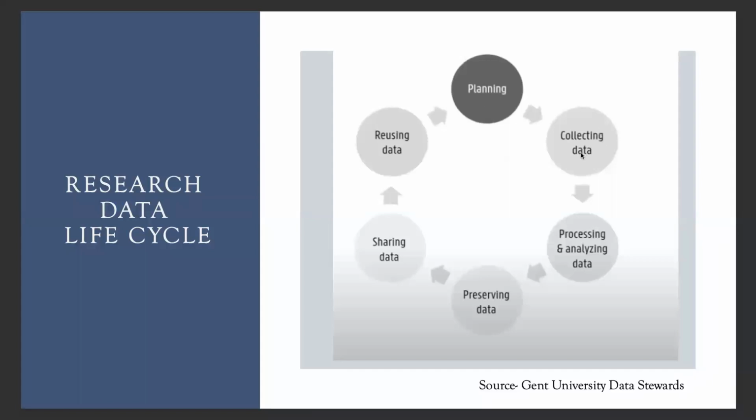Once we plan how to collect our data, we do all the data collection and then move to processing and data analysis. In between data collection and processing, we also saw that we need to store and preserve the data, both the analyzed data and the collected data. So we are in the data preservation area.